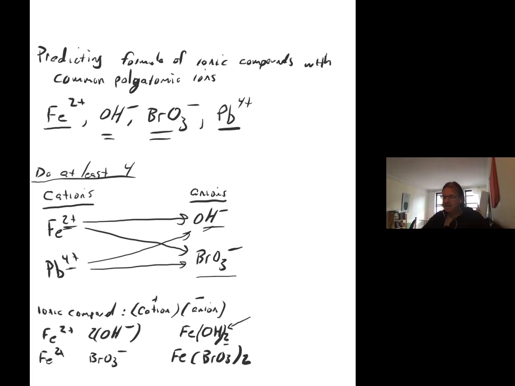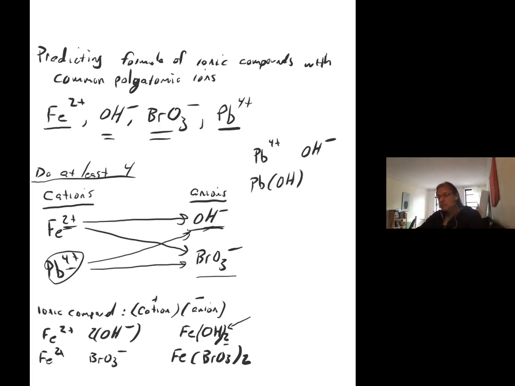Now, what about the lead? The lead, same thing. The lead is going to combine with hydroxide. That's 1 compound. The lead is going to combine with the bromate. That's the 2nd compound. So let's figure out how to do the lead. So lead is +4. Hydroxide is -1. So that means we need 4 of the hydroxides, right? 4 negatives. So Pb, it's polyatomic ion.